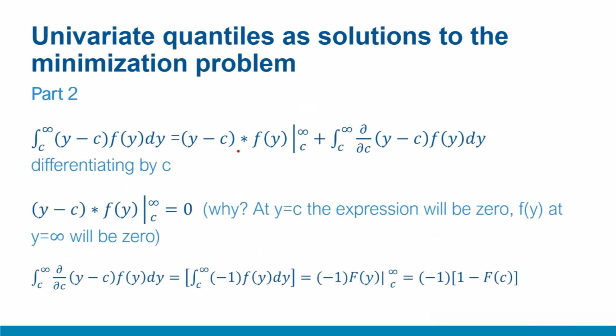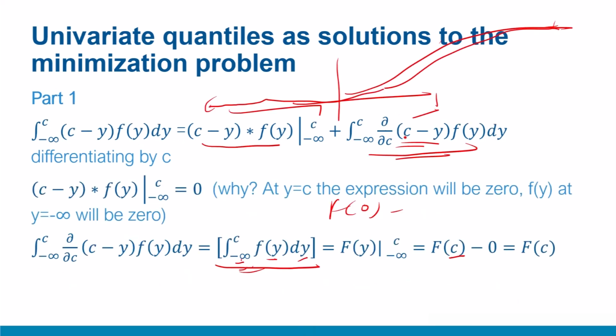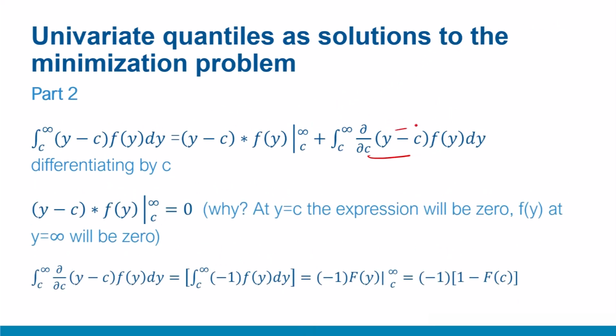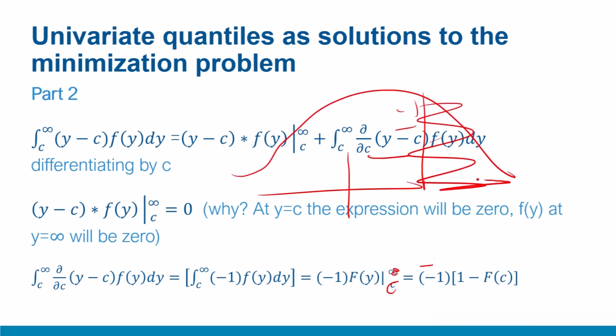In a very identical fashion, part 2 of this differential, which is this, can also be solved. For example, again, the first term will become 0. If you look at this term, this expression is minus 1. So the only difference here is that the differential of the earlier term was 1, and this term will be minus 1. So you'll have minus 1 outside, integrated from c to infinity. Now, if this is fc, the cumulative probability up till point c, then this is 1 minus fc.